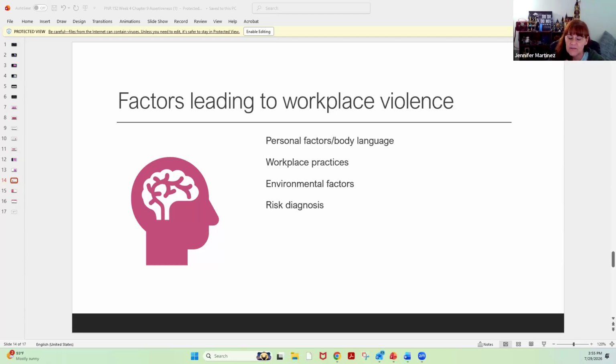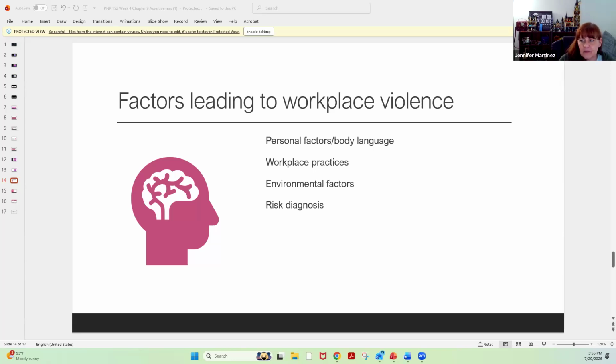So if they already have a history of previous violence, that's a strong indicator, but we don't always know, right? This could be the first time we're coming into contact. We need to learn how to read cues for potential risks of violence in our clients, and who we are dealing with.